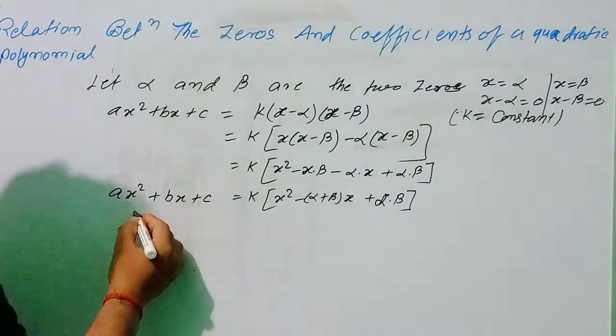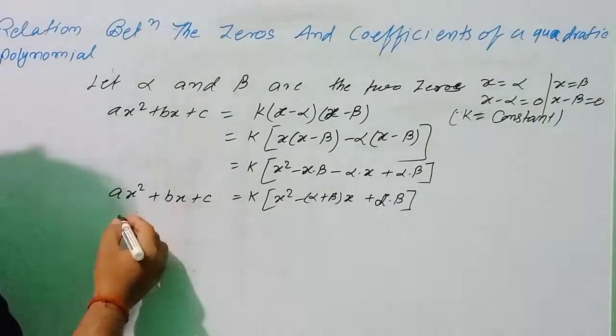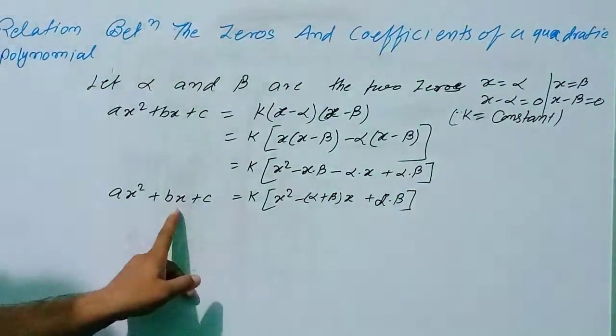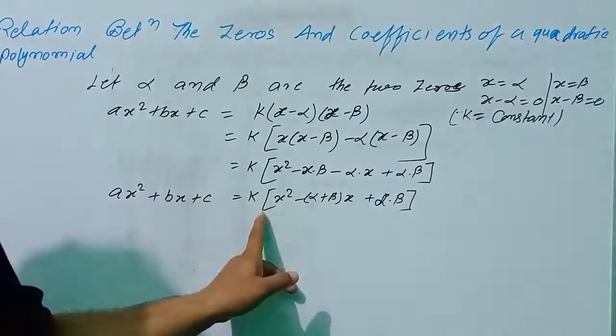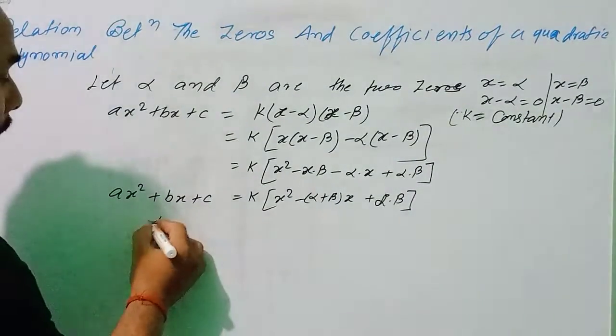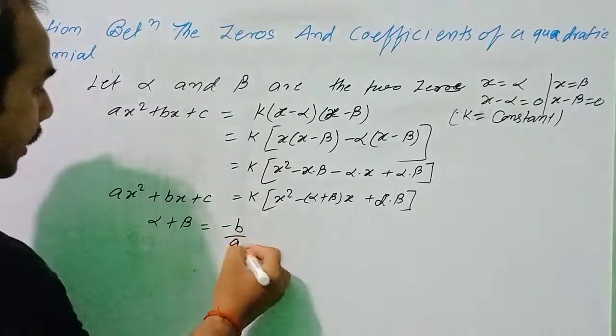So alpha plus beta, look here. Here x square means here ax square given, bx, c. So both are equal. Okay. So alpha plus beta is equal to minus b by a.